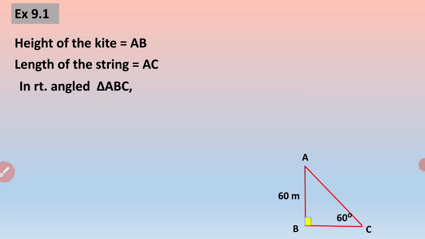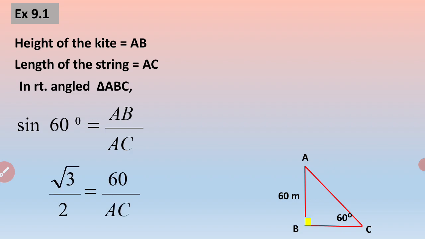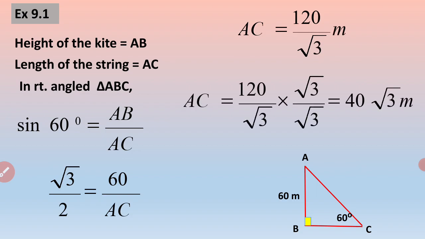So in this right angle triangle ABC, I know the length AB and my aim is to find the length AC. So the relation would be sine, which is opposite upon hypotenuse. So here when I use sine 60, that's a constant value. AB is given to be 60 meters and AC is what I want to find out. So here AC comes out to be 40 root 3 meters after rationalizing the denominator. And that itself is the length of the string.